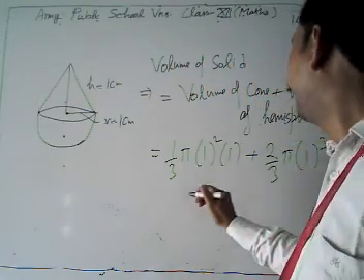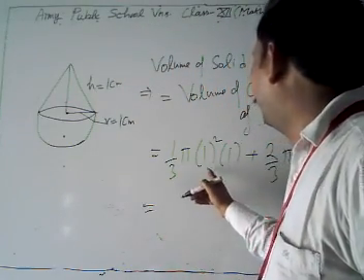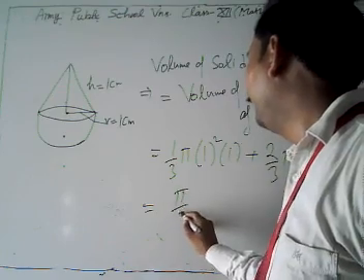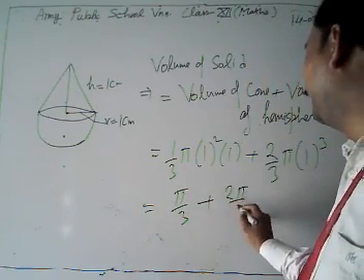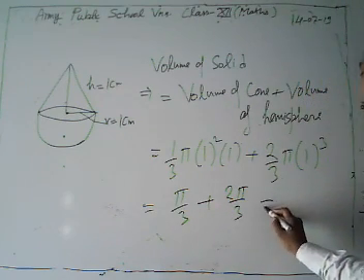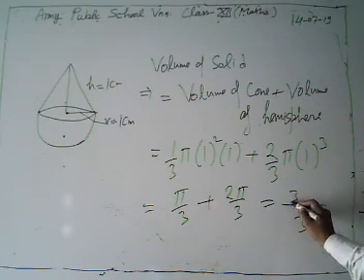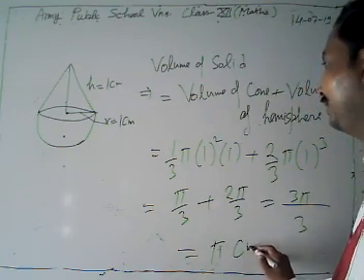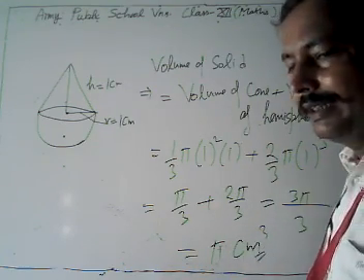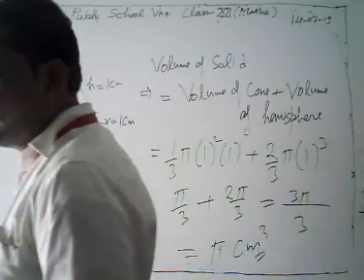It's 1. Now look, we get pi by 3 plus 2 pi by 3, and after solving, 3 pi by 3, so the final answer is pi centimeter cube.